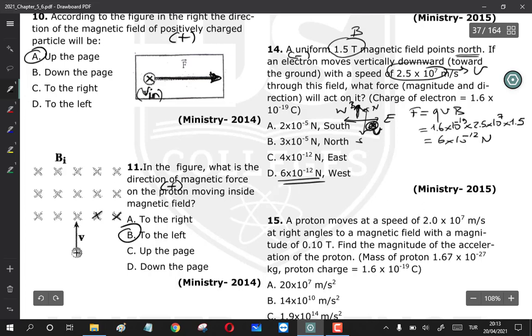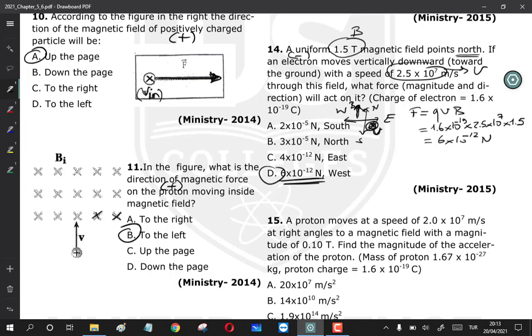So you got it directly. There is no need to apply the right hand rule for the magnitude, because there is no other choice for this question with 6 times 10 to the power of negative 12 newtons. Only choice D. But let's apply the right hand rule. Forefinger will show to the north, which is up along the plane of your page, and thumb will show into the page.